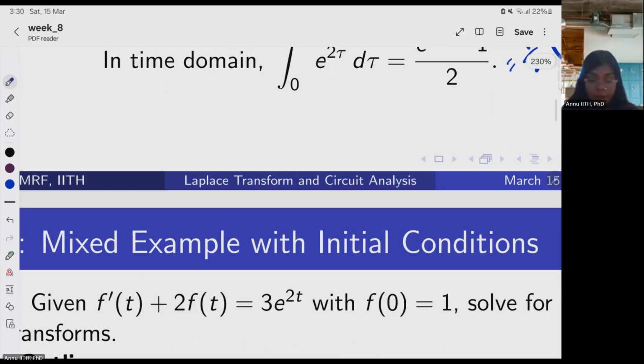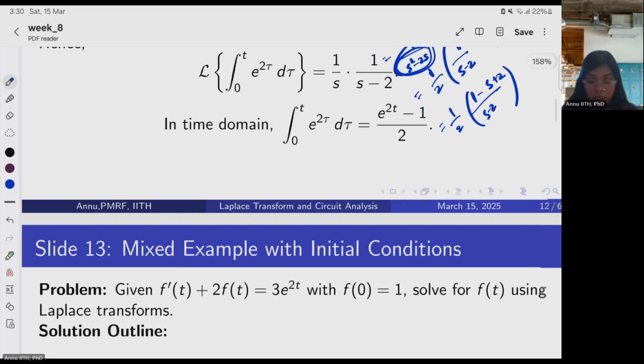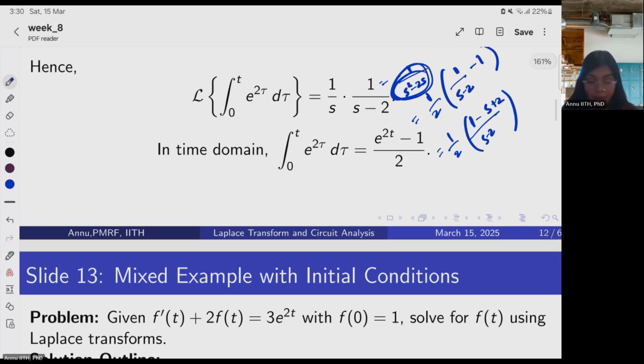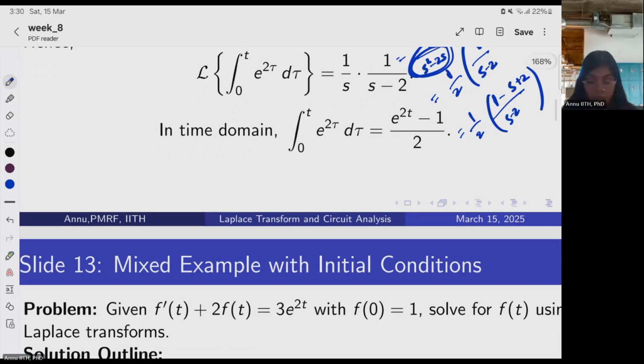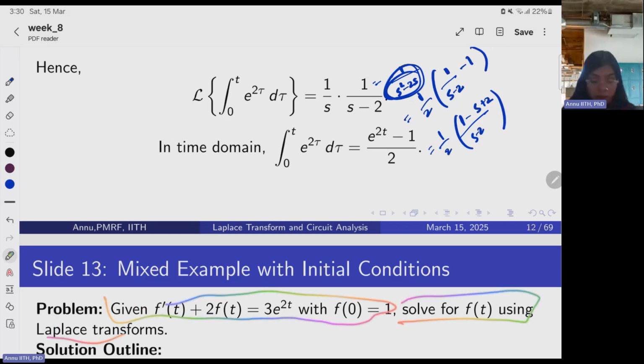Next example, with an initial condition. Even this problem: solve for f(t) using Laplace transform, where f(0) is also 1.